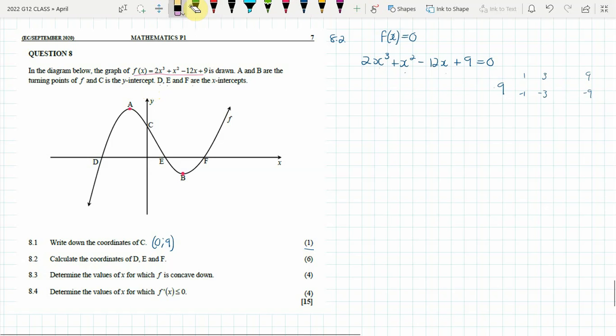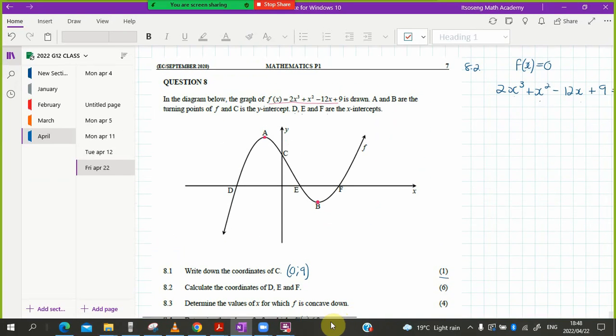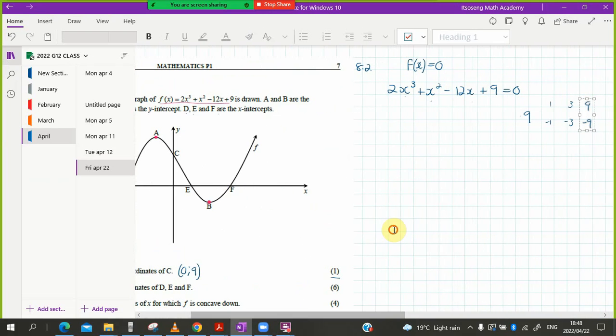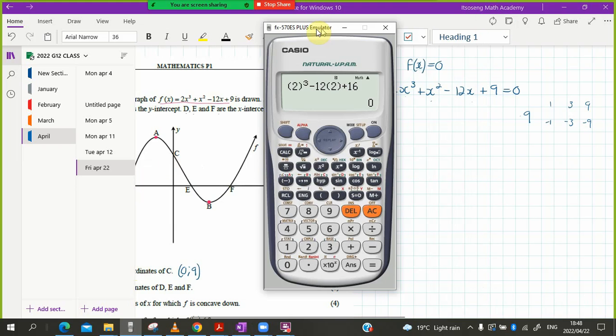Let's try them both sides. Which ones do you want to take, the positive or negative? Negative. Okay, then let's find the factor.